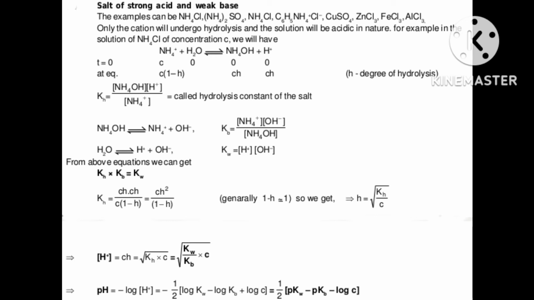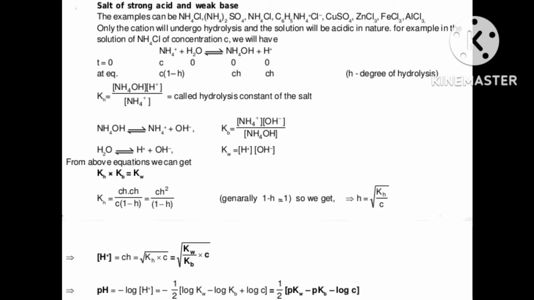Now the OH value you are knowing, then the H value will be 10 to the power minus 14 divided by OH minus, and the OH minus value is already calculated, 9.4 into 10 to the power minus 4. After calculating, the H ion concentration will come 1.06 into 10 to the power minus 11.